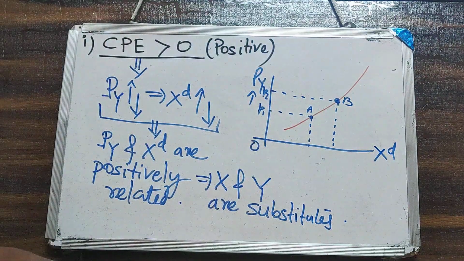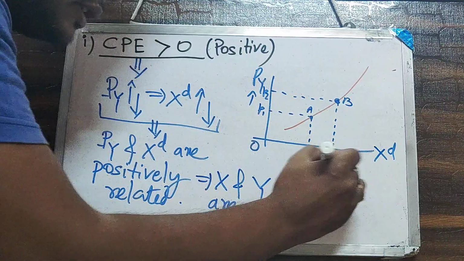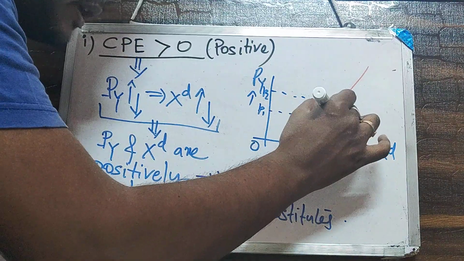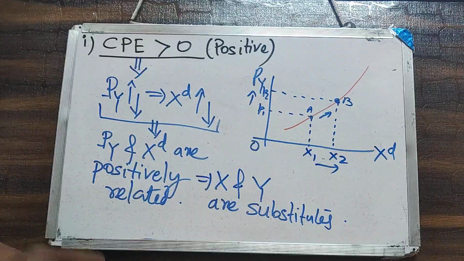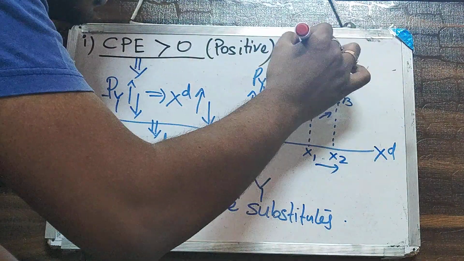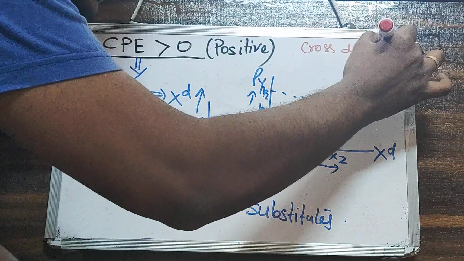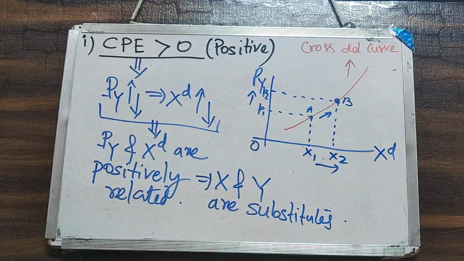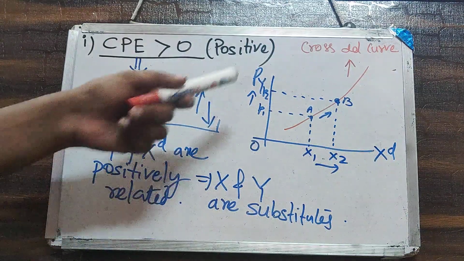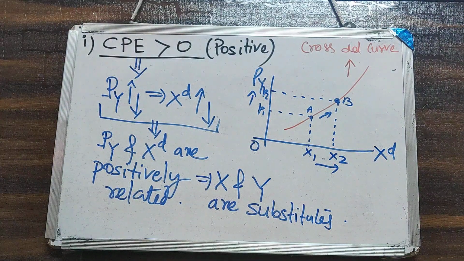As price of the commodity Y goes up, demand for X increases from X1 to X2, and we are moving up along the demand curve. Always remember that this is your cross demand curve, because we are taking the relationship between Py and Xd.